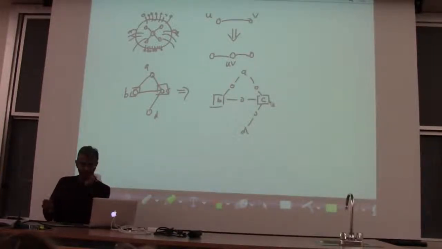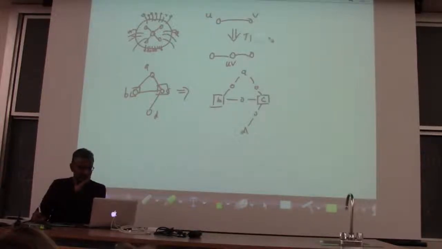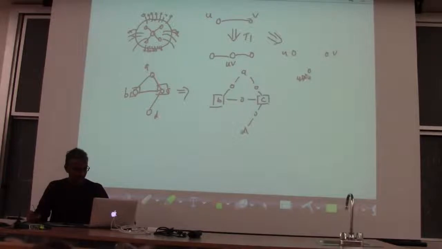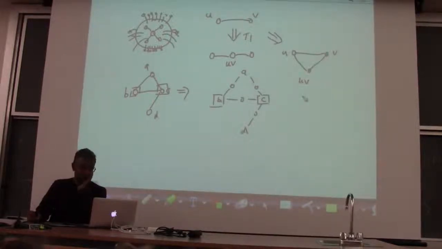I think my transformation is wrong. Let me try a different transformation. This is one. This failed. Let's try two. This has been before, okay? But now I change my graph. So now this goes to, in fact, this.